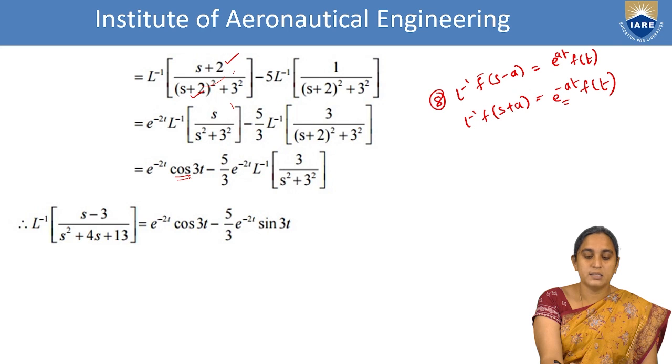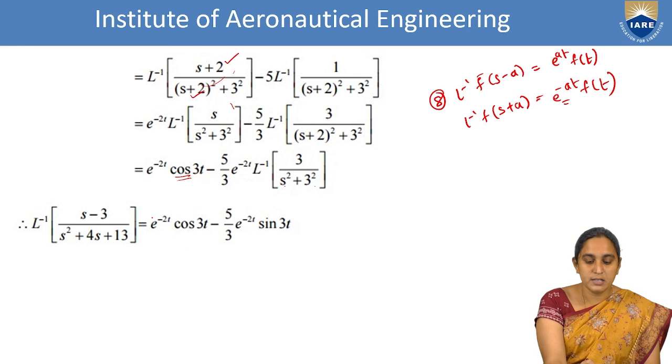Cos 3t. That is e power minus 2t into cos 3t minus 5 by 3 into, here the form is also the same, f bar of s plus a. So I'll write here e power minus 2t into Laplace inverse of 3 by s square plus 3 square. After applying the eighth formula, s plus 2 will be converted to s square plus 3 square.